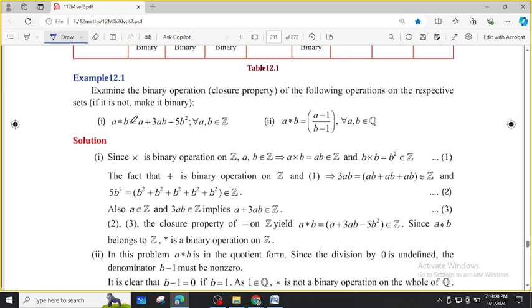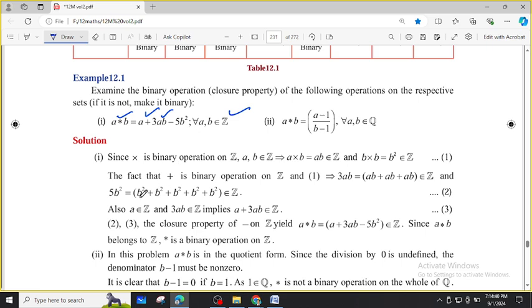So now a star b, that operation is defined by a plus 3 times a into b minus 5 times b square for all integers. You take a, b any integers. If you do this operation, again it becomes an integer only. So it is very clear. a is an integer, a into b is an integer, sum of a plus 3ab is an integer, b square is an integer, minus 5 into b square is an integer. So the entire term is an integer.